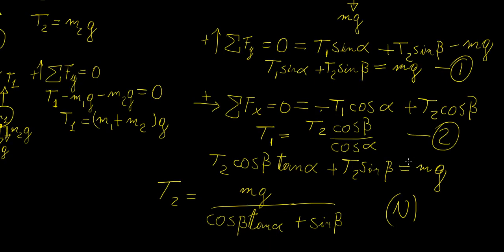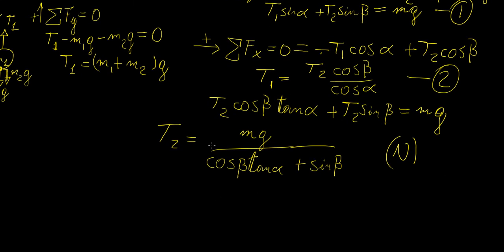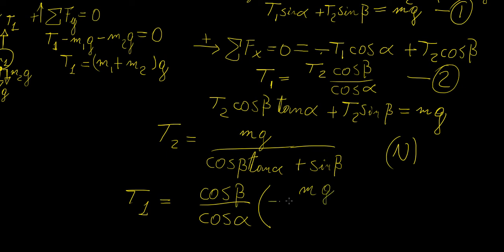And now if we plug that back into equation 2, that's going to give us our expression for T1. So T1 is going to be cosine beta over cosine alpha times mg over cosine beta tan alpha plus sine beta.